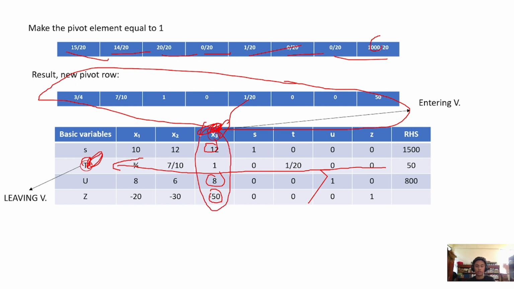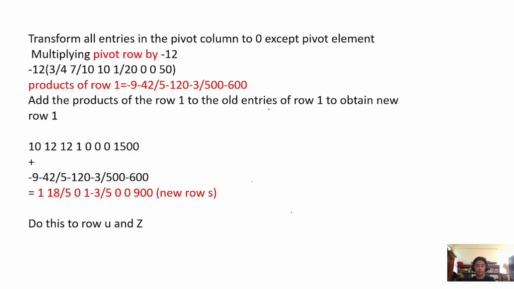Di ba gagawin natin itong 0 except nito. Negative 12 para multiply, and basta i-multiply mo lang dito po and add the product of the row 1 to the old entries of row 1, obtain new row 1.